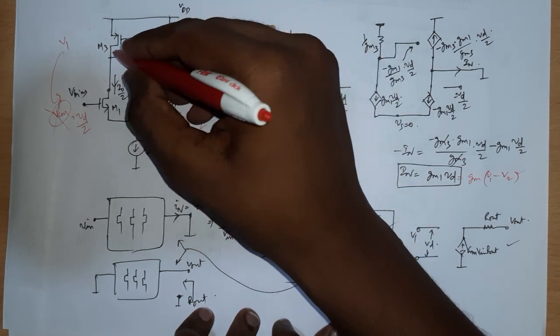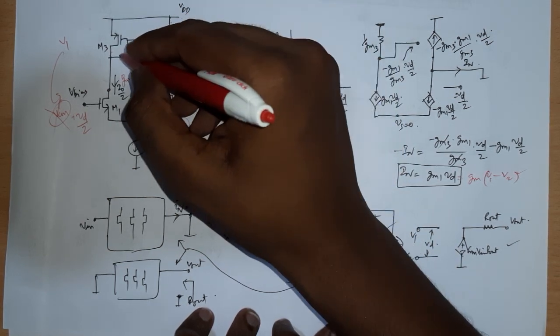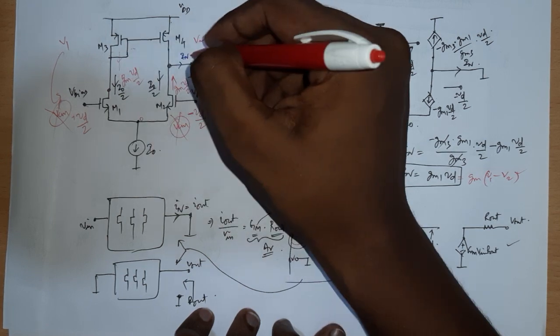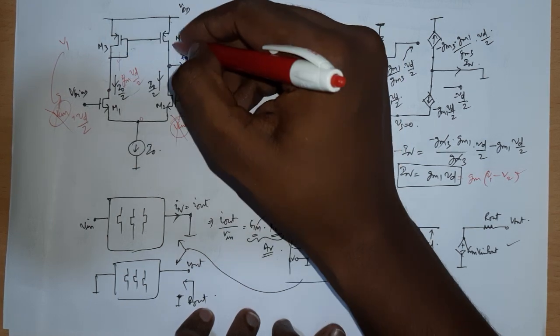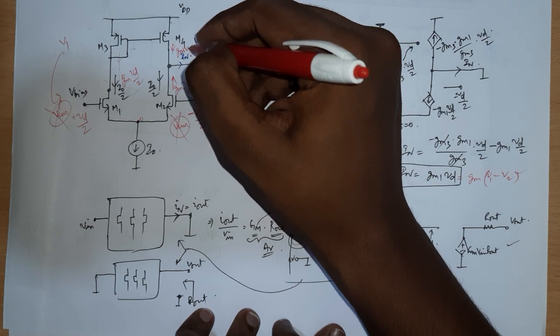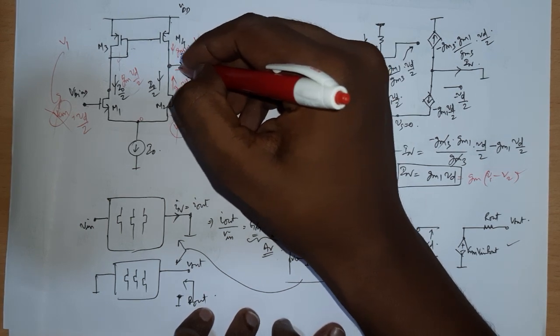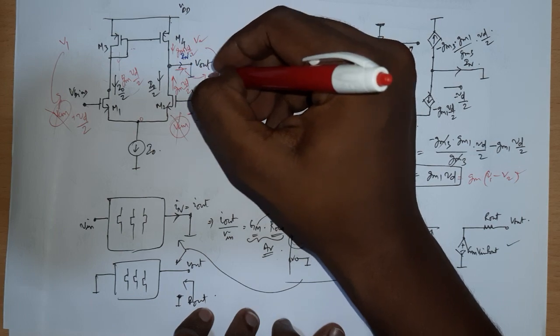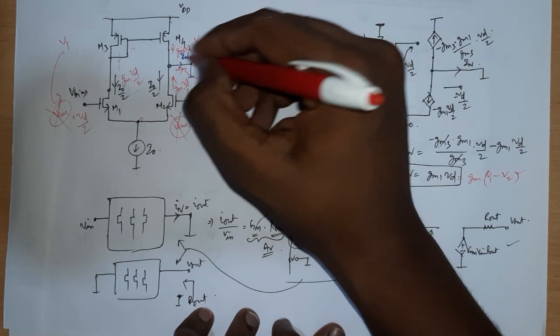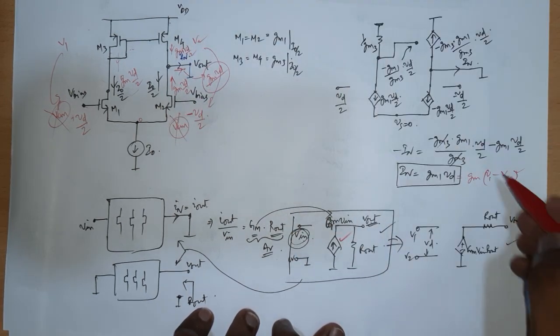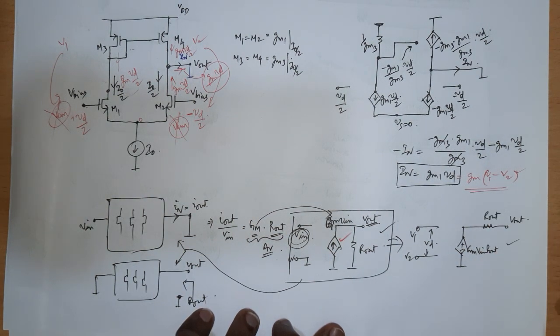So this is a current mirror, okay. Whatever incremental current flows here will also be mirrored here. So this GM VD by 2 will be mirrored here, and GM VD by 2 is also flowing here. So this incremental current is going to be GM VD. So GM VD by 2 plus GM VD by 2, I will get GM VD. That's exactly the same thing that I got here, okay.